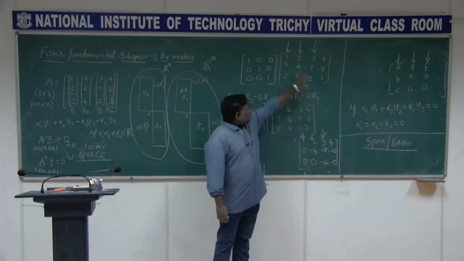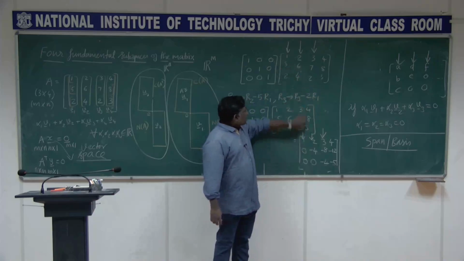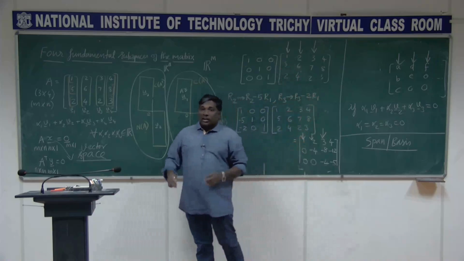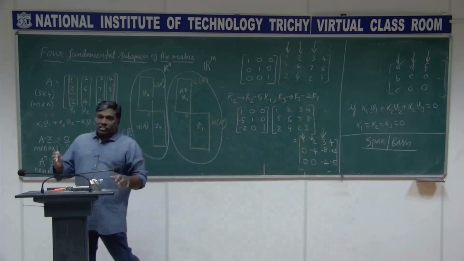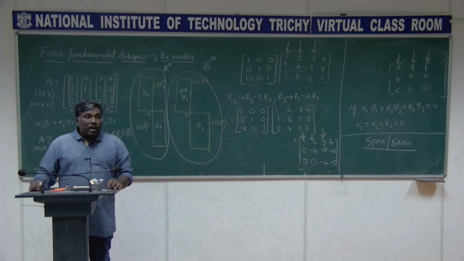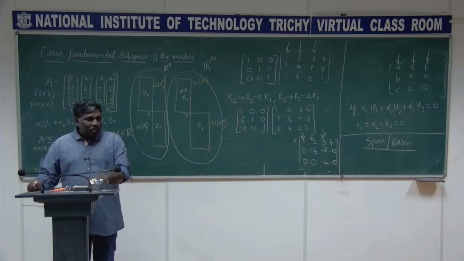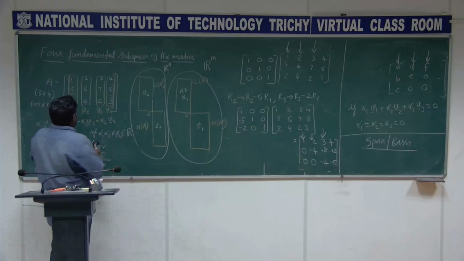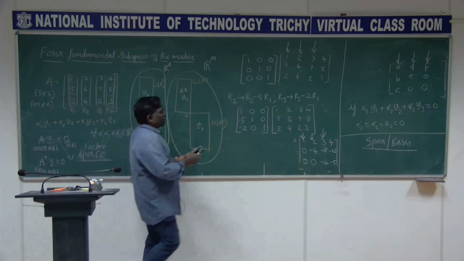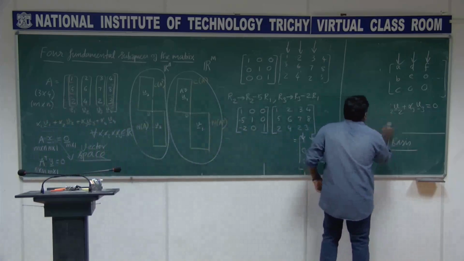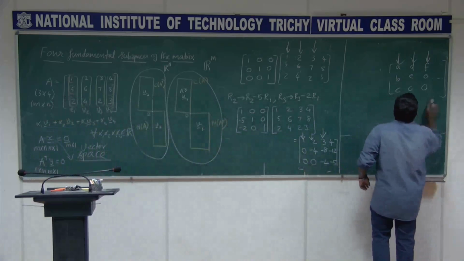You have to come back to this matrix and see the corresponding columns in this matrix, and we can claim that these vectors actually form the basis for the column space of A. Right? So for this case, I will write it here. I am looking for the basis. That's what I am doing.